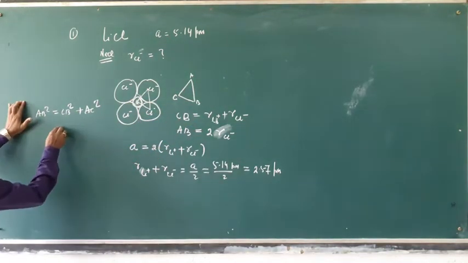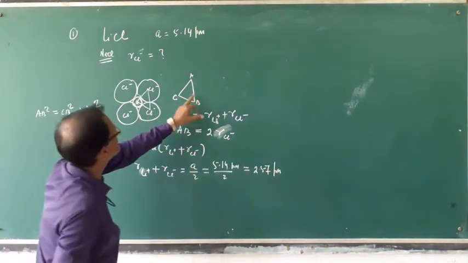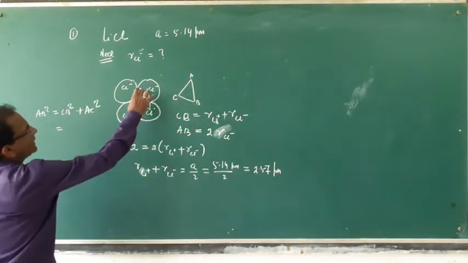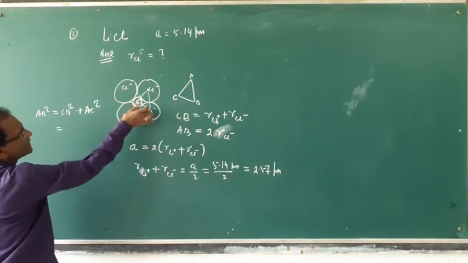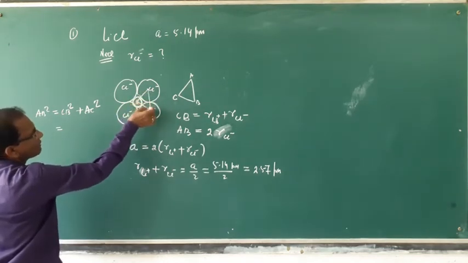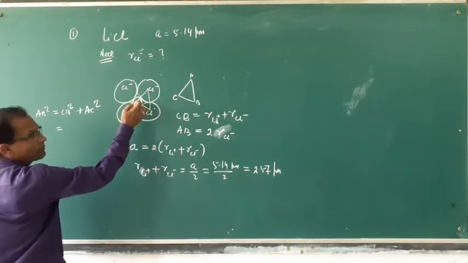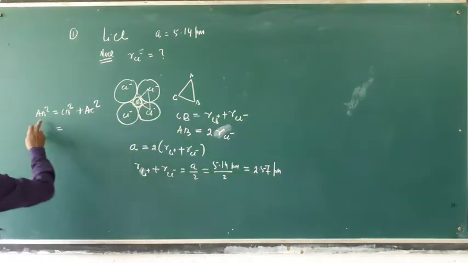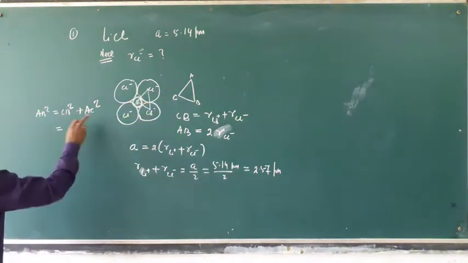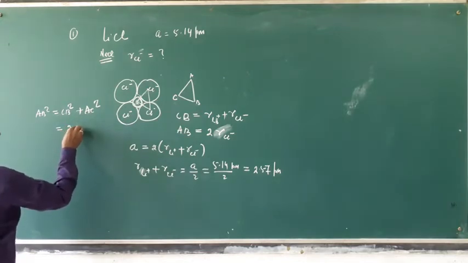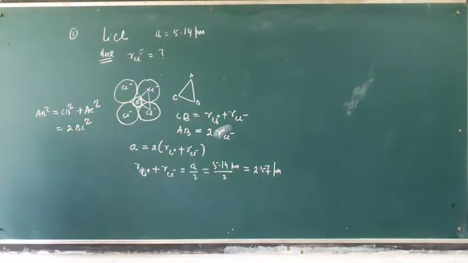But here AC, BC same. AC and BC, because one cation, one anion, one cation, one anion. That is R plus R minus, R plus R minus. That's why in place of AB square you can write 2 BC square. Clear? Then what is AB?